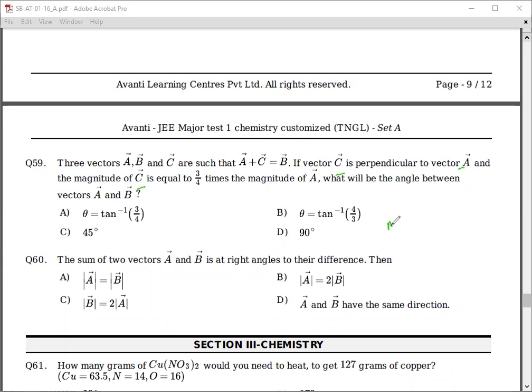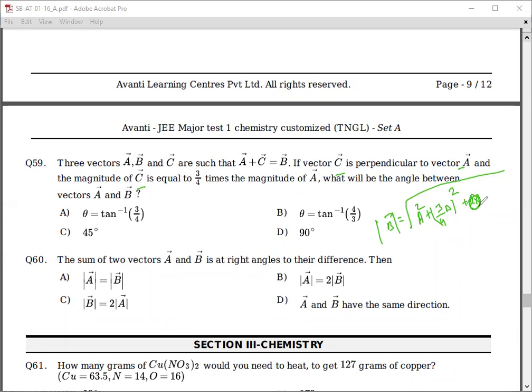When you talk about B, everyone, magnitude of B is equal to what? Under root of magnitude of A squared plus magnitude of C squared, which is 3 by 4 times magnitude of A, plus 2 into A dot C, but this is 0. So it will be 0. Agree?